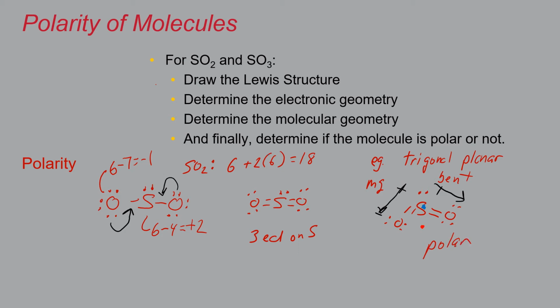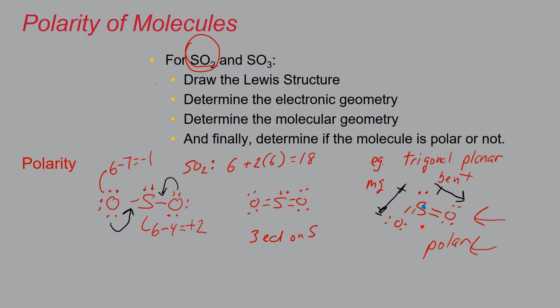All right. So take a step back and think about this. Over the past 2 days, you have learned to go from this to that right here. I give you a formula, you give me a shape, and then you tell me if it's polar or not. So you have learned a lot in the past week. So let's do the same thing for sulfur trioxide.